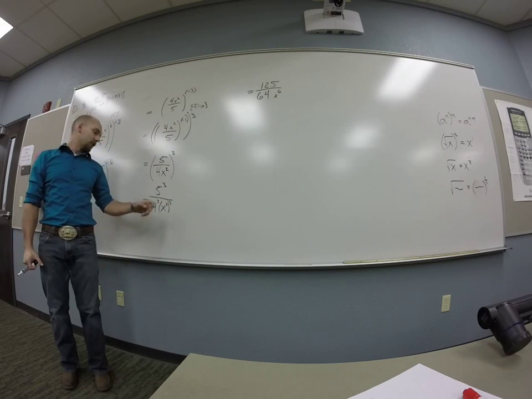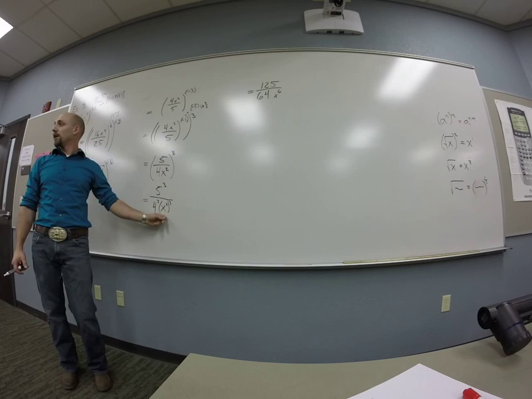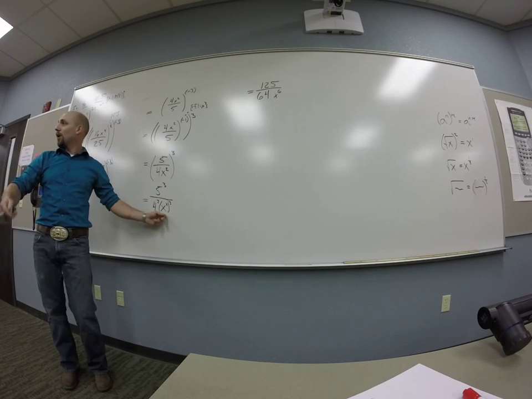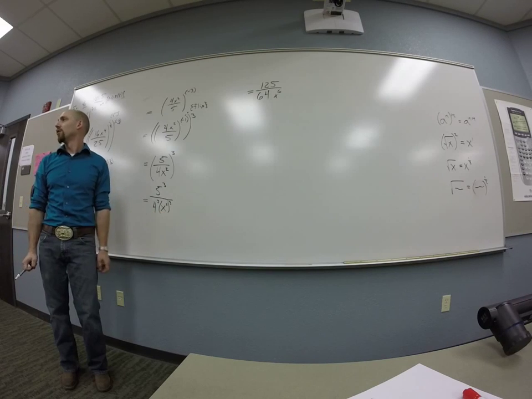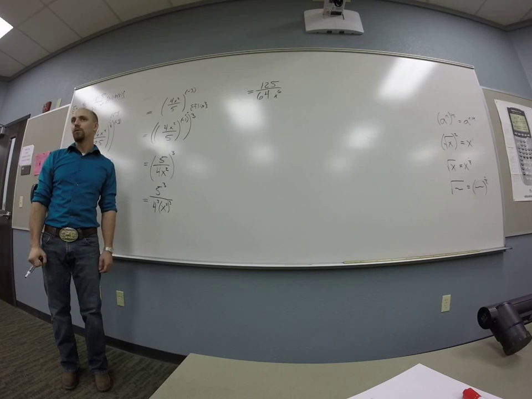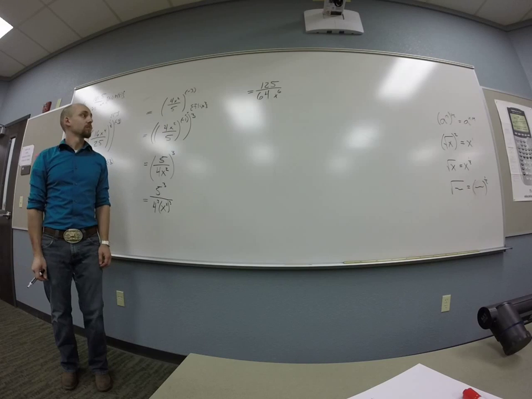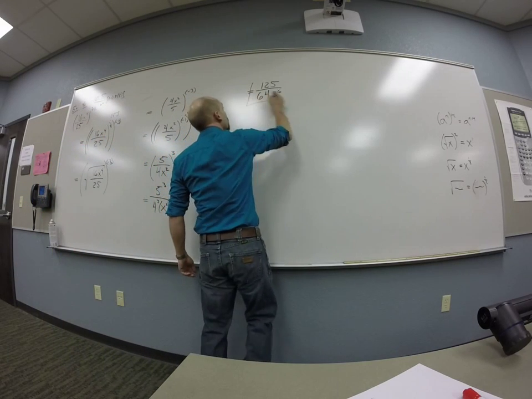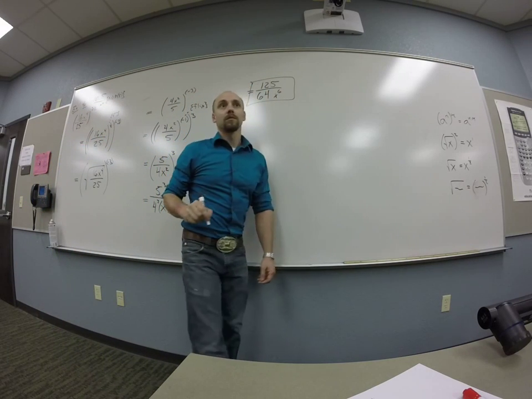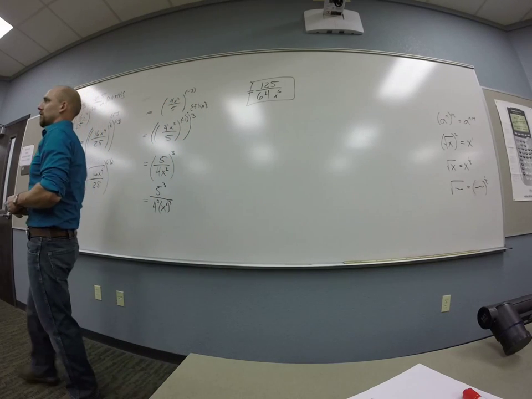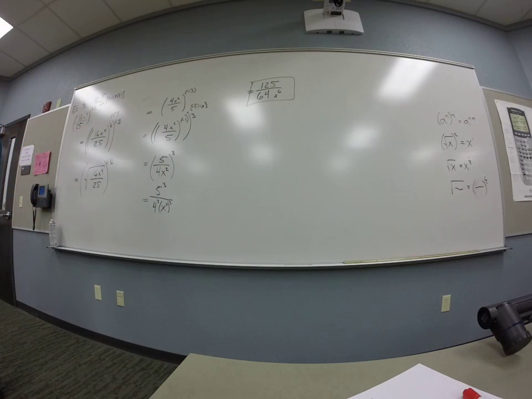There were 2 x's multiplied together, then I multiplied that thing by itself 3 times. That gives me 6 total. You guys cool with this? So we got this. Cool. All right, other things?